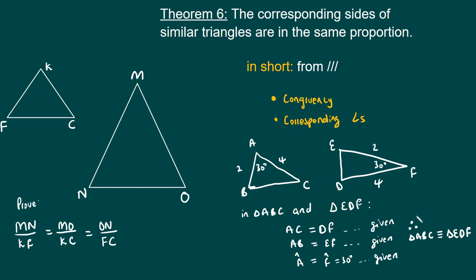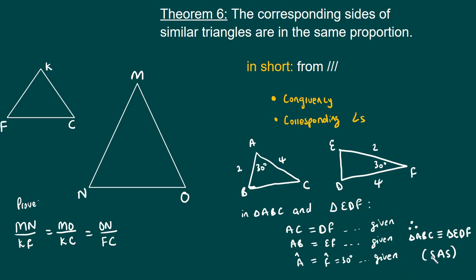Those triangles are congruent, and your reason is going to be side, angle, side. Remember, there are 4 conditions for congruence, but for today, what we're going to focus on is this one only: side, angle, side. We just have to prove that the sides are equal, and then the angle in between them.